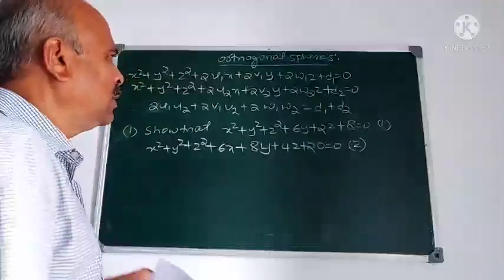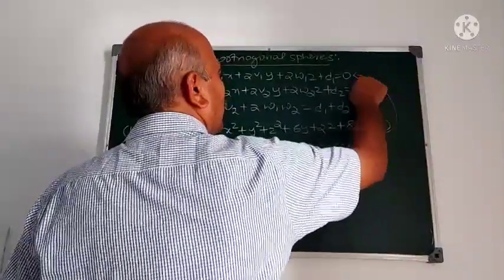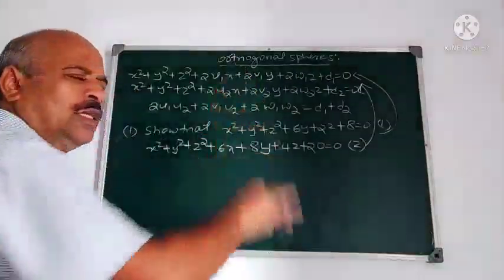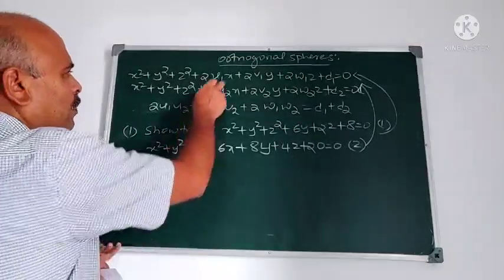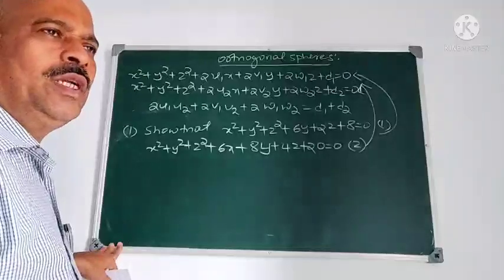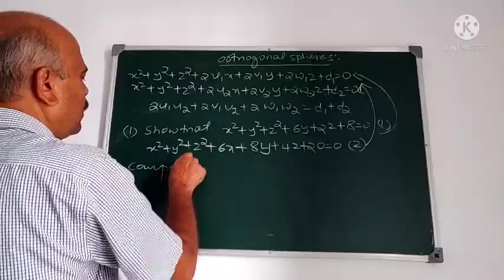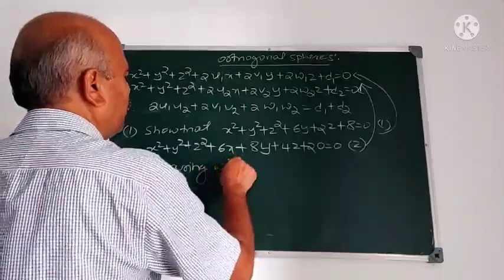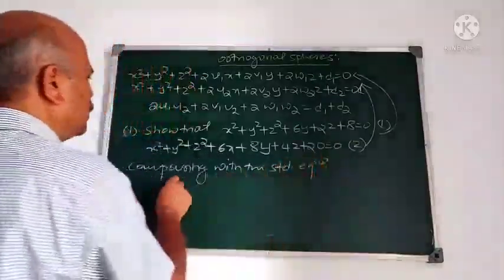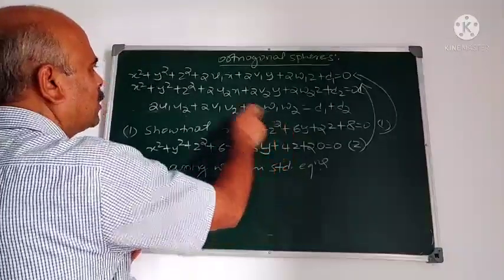What is the procedure? First, we compare these two equations with the standard equations. In the derivation, we have taken these two as the equations of the spheres. So we compare equation 1 with the first, equation 2 with the second, and write down u, v, w. Comparing with the standard equations, u1 is 0 because there is no x term.